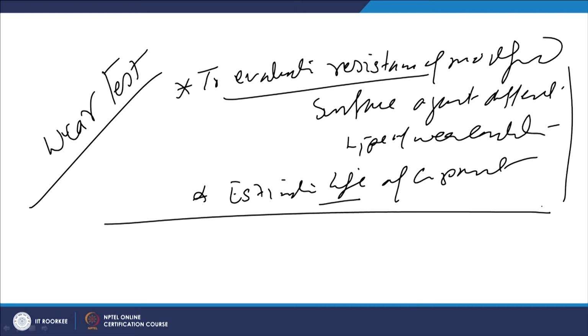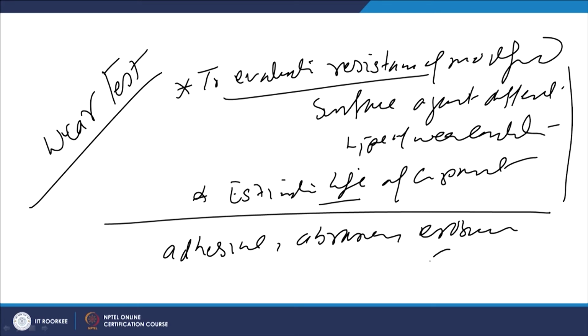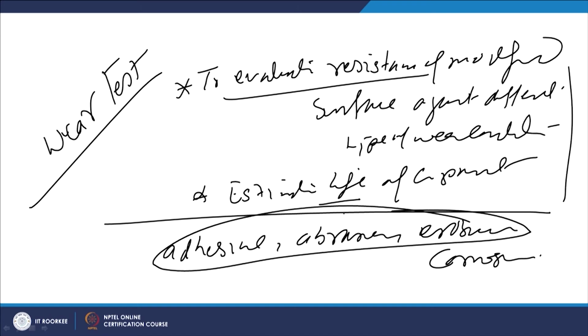The most common types of the wears which are commonly encountered include adhesive wear, abrasive wear, erosive wear, corrosive wear. So, we will be talking about these three types of the wears and the way by which these are performed.